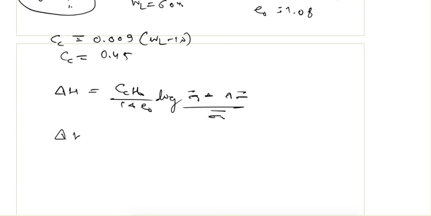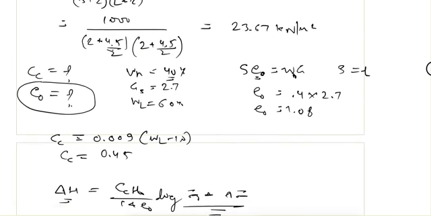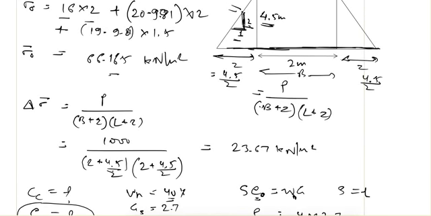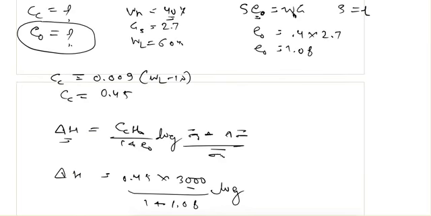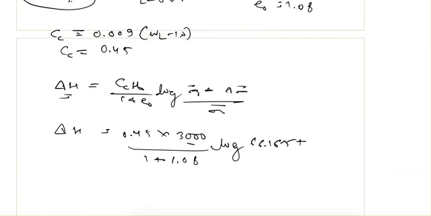So putting the values, Cc is 0.45 into, let's say we want this settlement in mm, so that is 3000 upon 1 plus 1.08 log of initial stress 66.165 plus delta sigma, the increase in stress, 23.67, divided by 66.165.